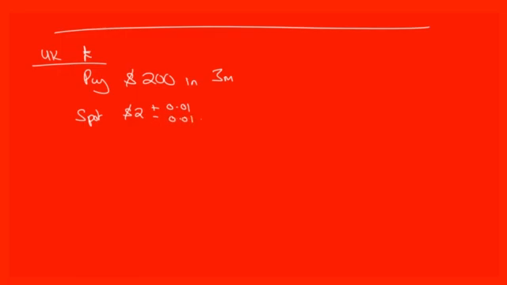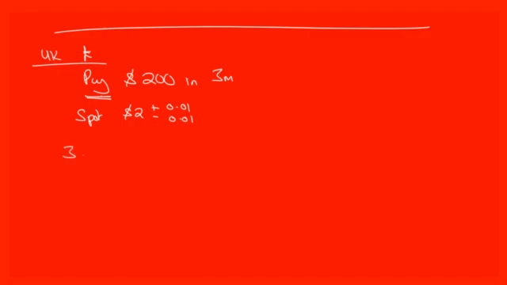And remember, the bank will buy your foreign currency high, and it will sell the foreign currency low. When you're paying dollars, you need the dollars, so the bank is going to sell you some dollars.